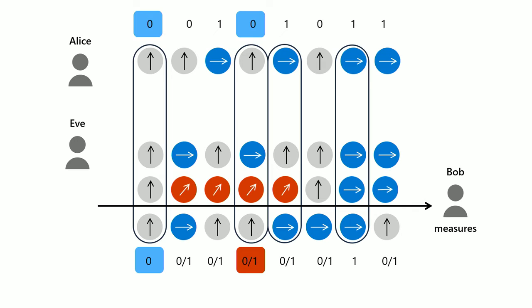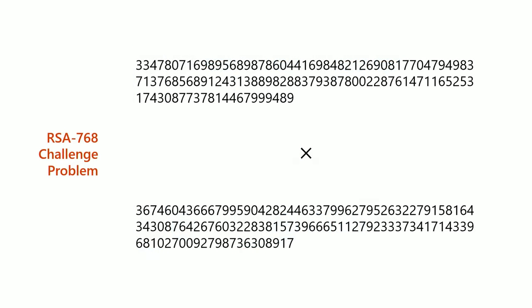You sent a 0, but I got a 1. Something's fishy here. Eve must be in the middle. So then they throw away that key generation, and they try again. Or they come up with some other way to exchange the information. But that's the basics of secure key exchange, which kind of leads us into cryptography in general.